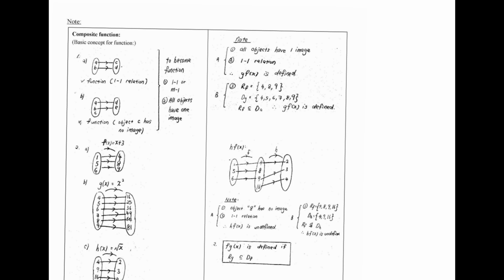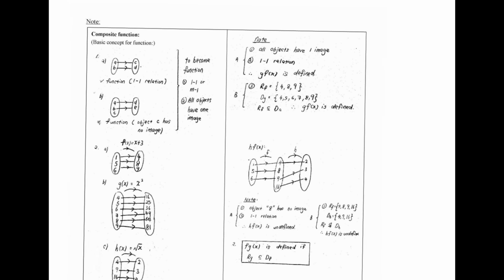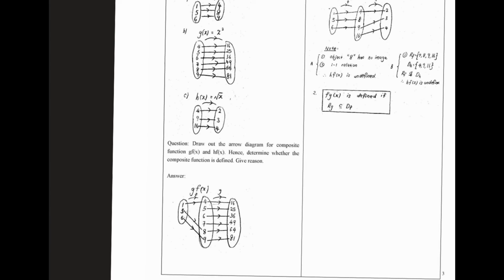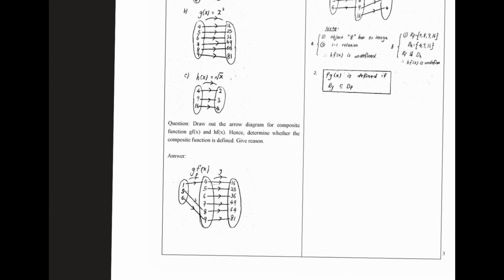We want to check whether it fulfills the definition of a function or not. So first, all objects have one image. Is it true? Let's take a look. These are the objects. This object, one image. This object, one image.